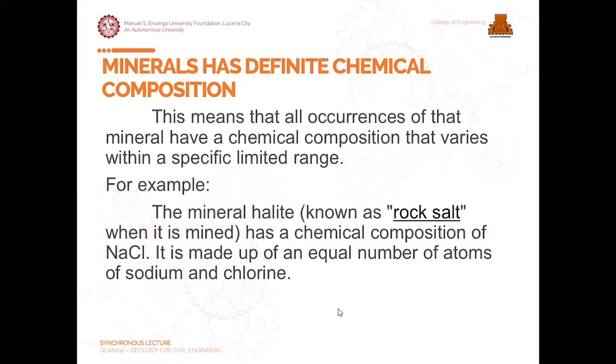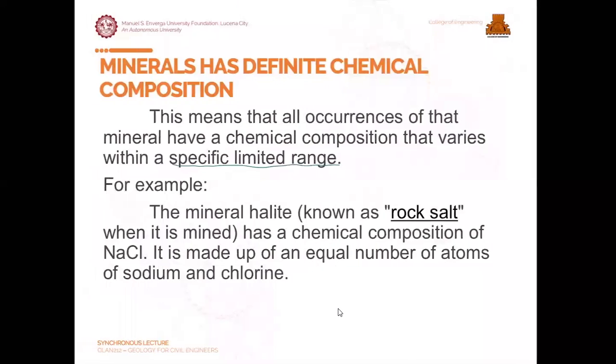It is made up of an equal number of atoms of sodium and chlorine. Definite means there is a specific limited range. This is the key term here. So it must have a definite chemical composition.